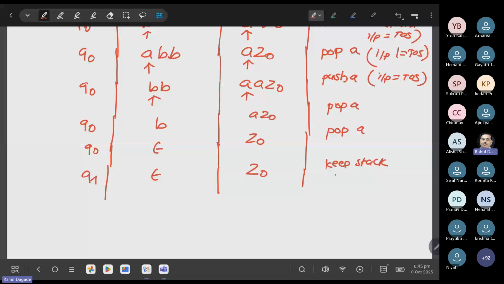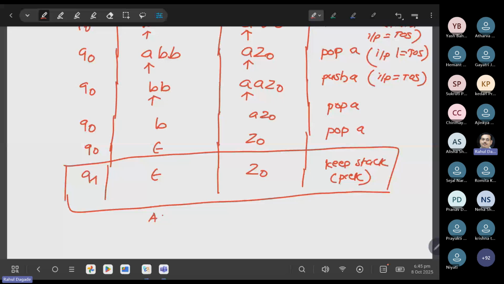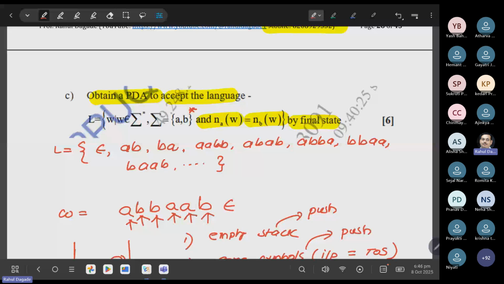Okay, and this is acceptance of language by final state. So this is how you can design this PDA for equal number of A's and B's.